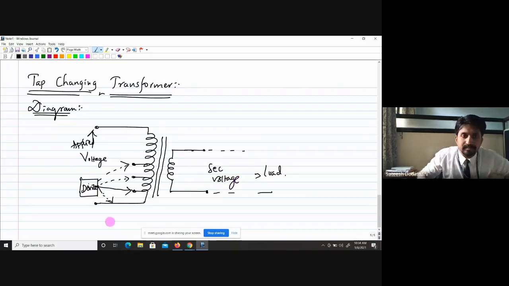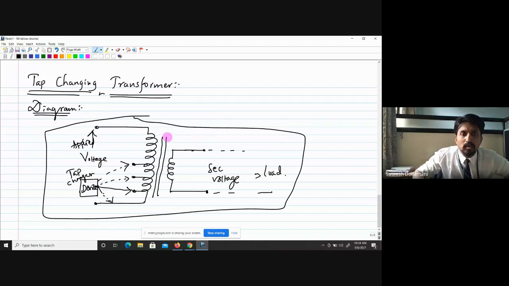This device is called a tap changer, and along with this tap changer, this entire setup we are going to call a tap changing transformer.